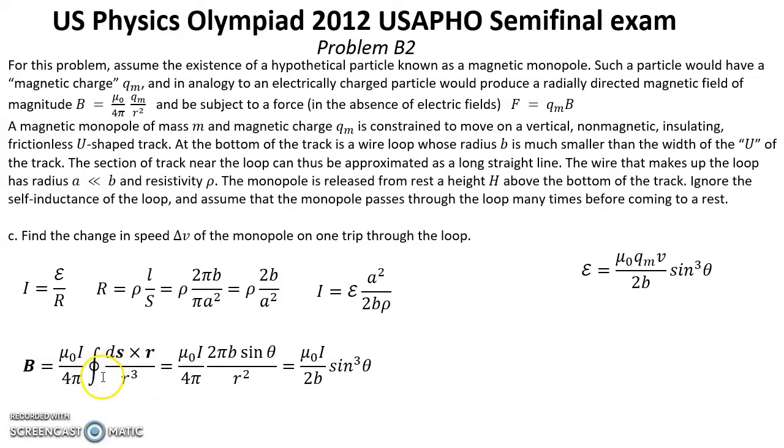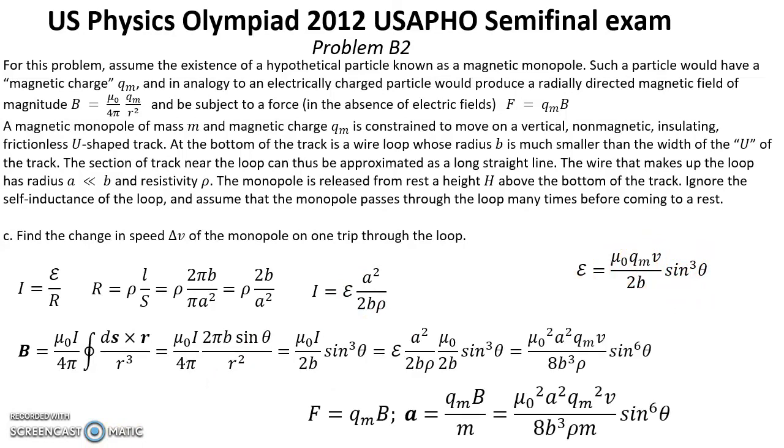So this integral equals 2 pi b sine theta over r squared, or the total magnetic field equals mu 0 I over 2b multiplied by sine cubed theta. After that we can insert the expression for current I and the expression for EMF E, this one.